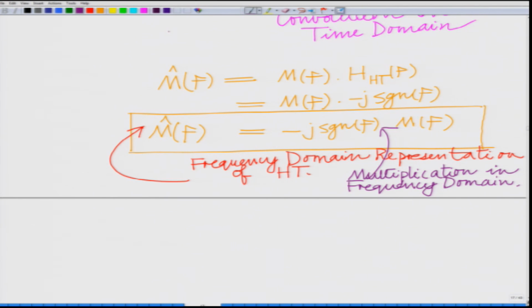All right. So, in this module we have developed the time domain representation of the impulse response of the Hilbert transform. That is, we have calculated the impulse response of the Hilbert transformer using two properties: the derivative property of the Fourier transform and the duality property of the Fourier transform, to demonstrate that the impulse response of the Hilbert transform is 1 over pi t, which corresponds to the spectrum of the Hilbert transformer, given by minus j sgn f.